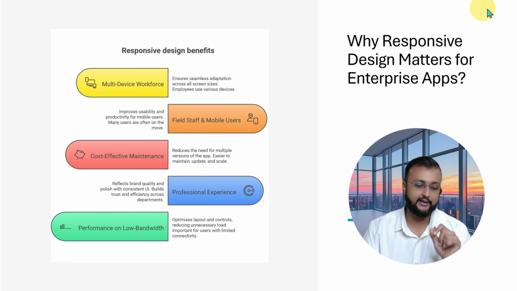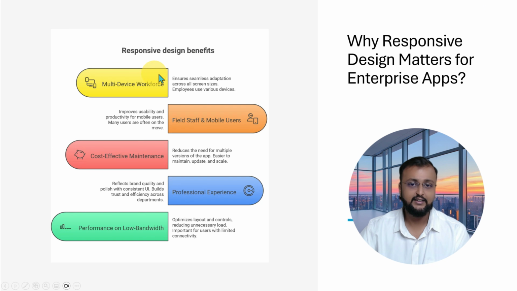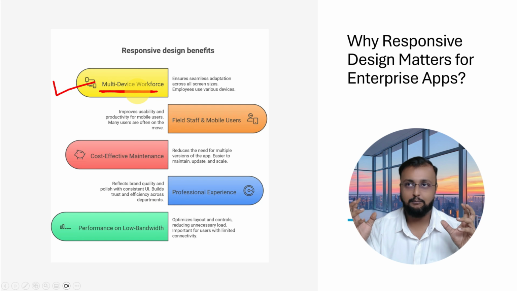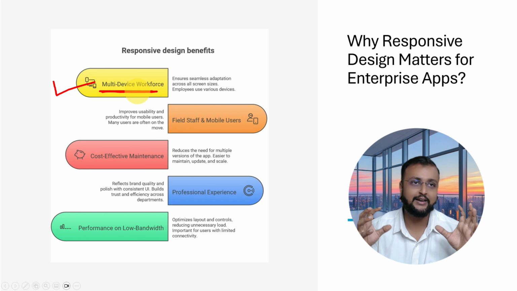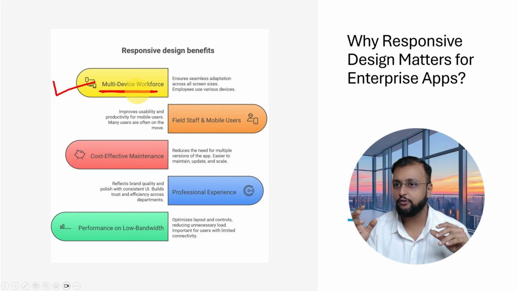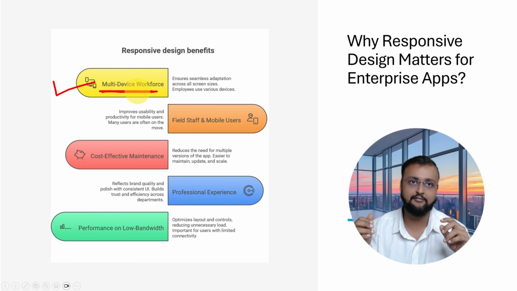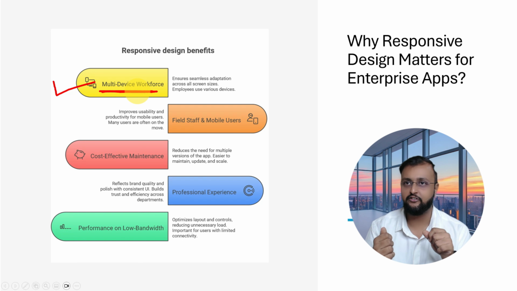Now, what are the key reasons why enterprises are asking for this? Let's talk about that. Number one reason is that they require a multi-device workforce. Again, as I said, let's consider the example of a manufacturing plant. Whenever you are working on any plant-based application, where they are doing different inspections for their boilers, or for their forklifts, most of the time in the plant people are just using mobile.